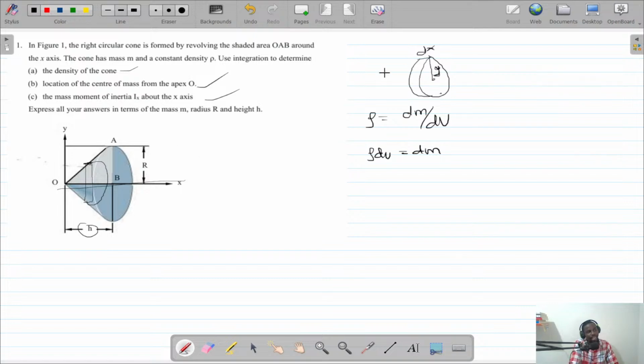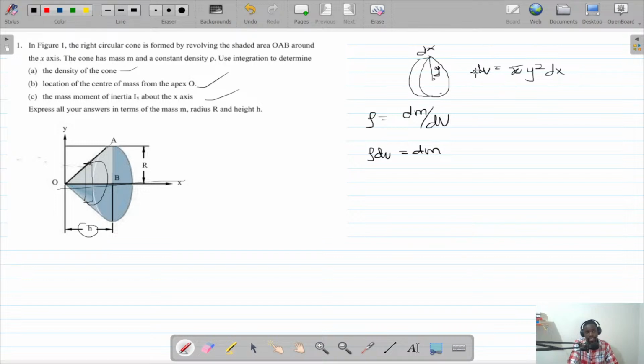Because it's elemental, the height is not really slanted. We consider the height as straight, so it's a very small height and we will not see the slant line here. Because of that, we can consider this as a cylinder. Then our dv will be equal to pi r squared, which is pi y squared dx.